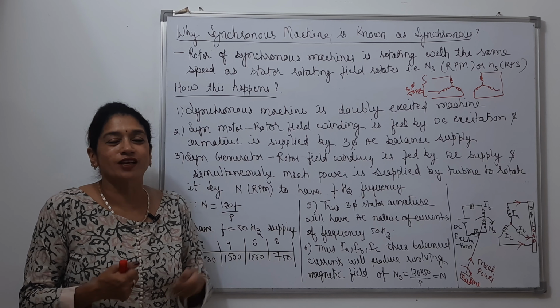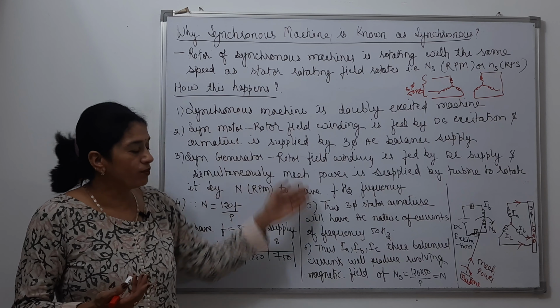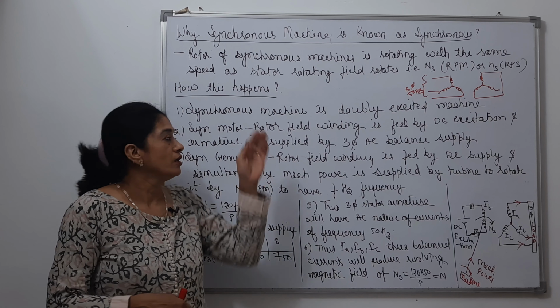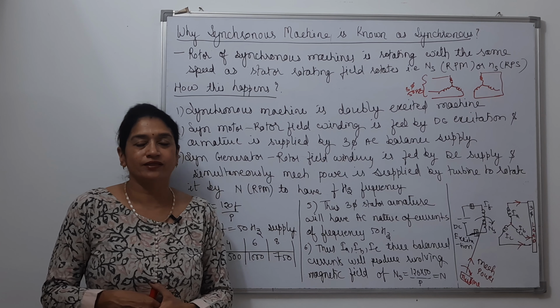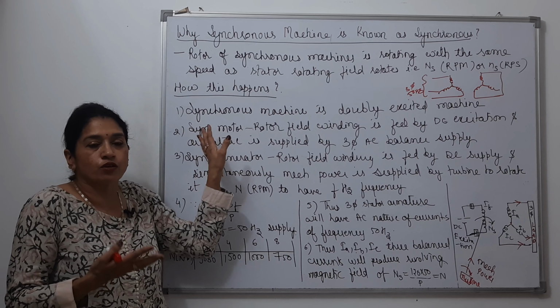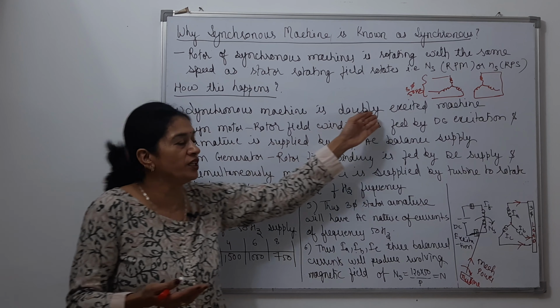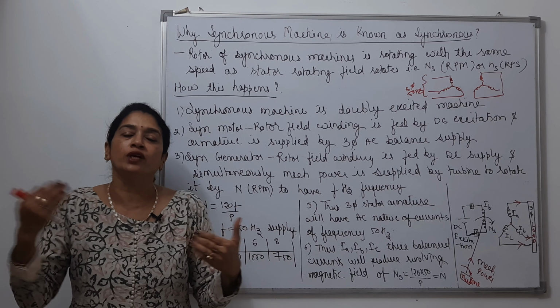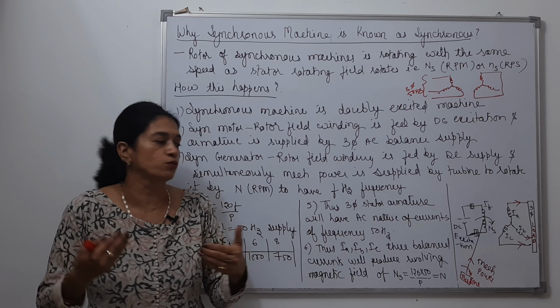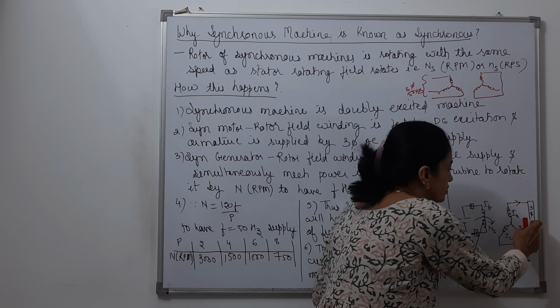But why does such a thing happen? I am giving you the reason behind it. A synchronous machine is actually a doubly excited machine. How is it doubly excited? There are two electrical powers given to the synchronous motor, one from the rotor side and another from the stator side.